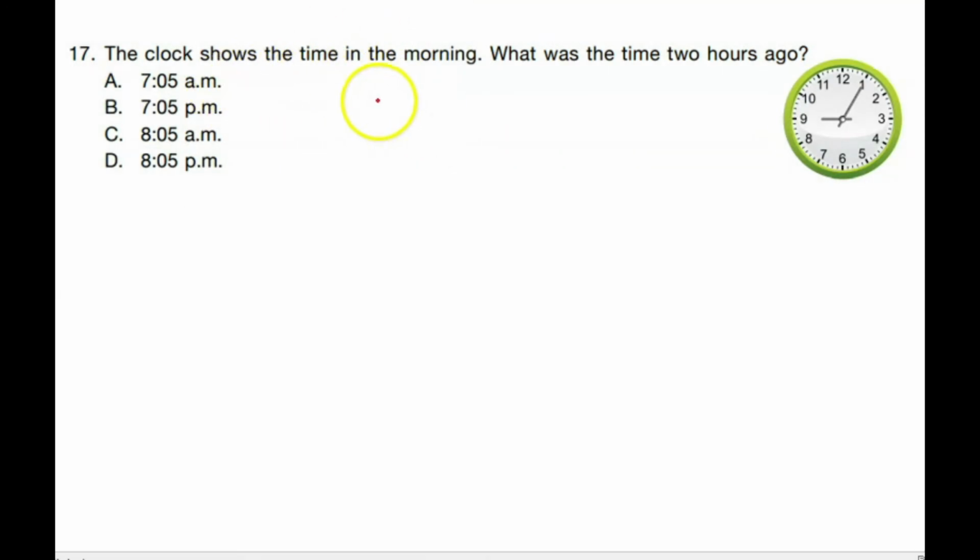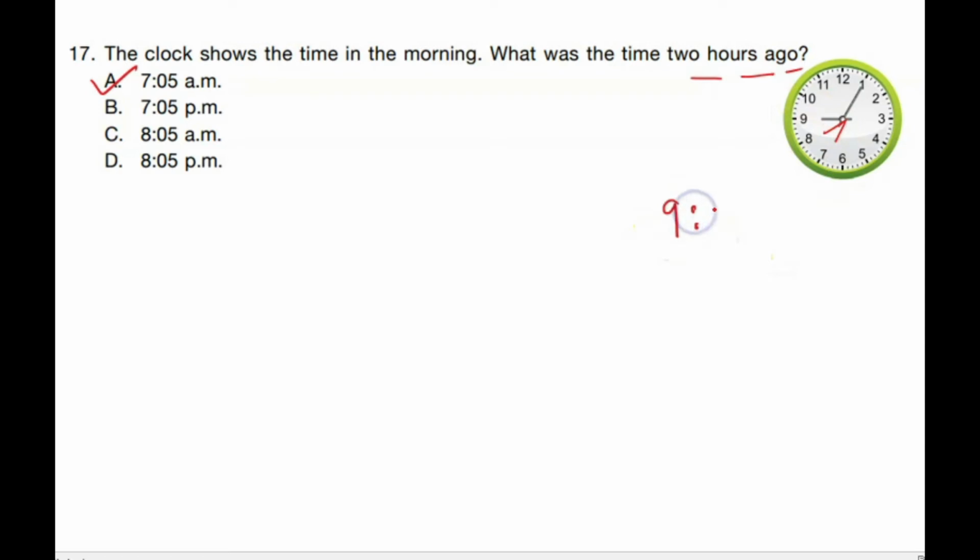The clock shows the time in the morning. What was the time 2 hours ago? 2 hours ago means from 9 to 8, 8 to 7. 2 hours ago, it would be 7:05 a.m. Option A is correct, right?